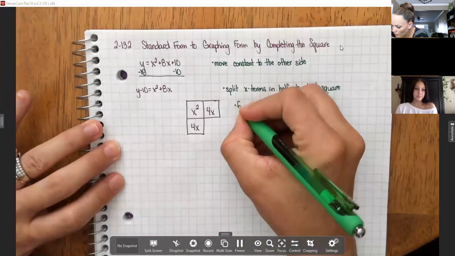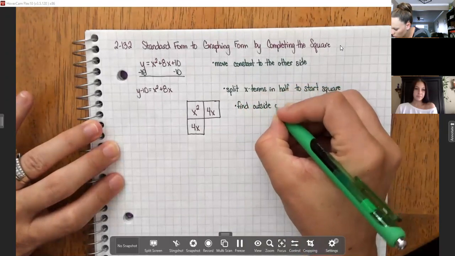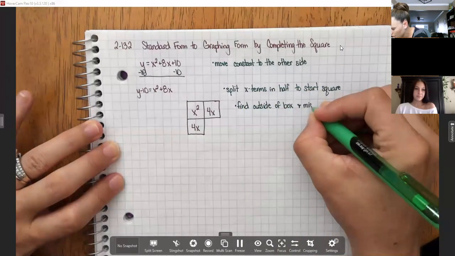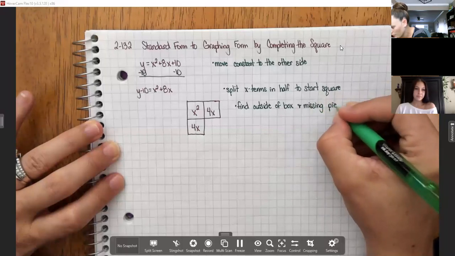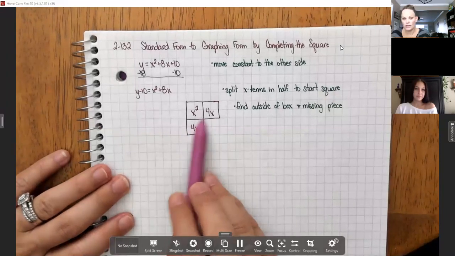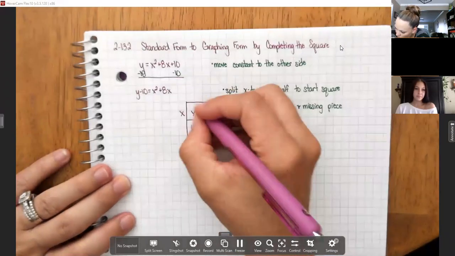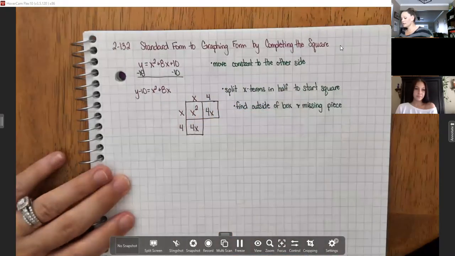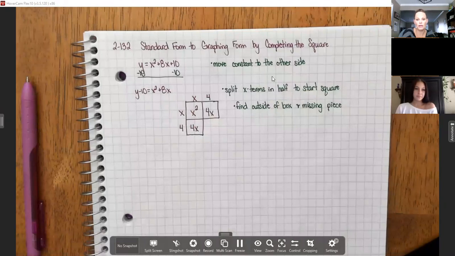Then we find the outside of the box and the missing piece. So if this is x squared and 4x, this is x, 4, and 4. Because it's a square, this has to be the same on both sides.